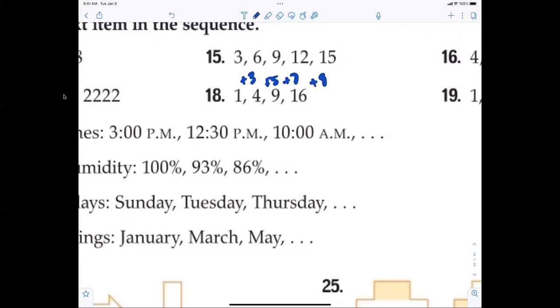But again, you'll learn as you go further into math. Yeah, you should just recognize 1 squared, 2 squared, 3 squared, 4 squared. Everybody see that? 1 squared is 1, 2 squared is 4, 3 squared is 9, 4 squared is 16, correct?